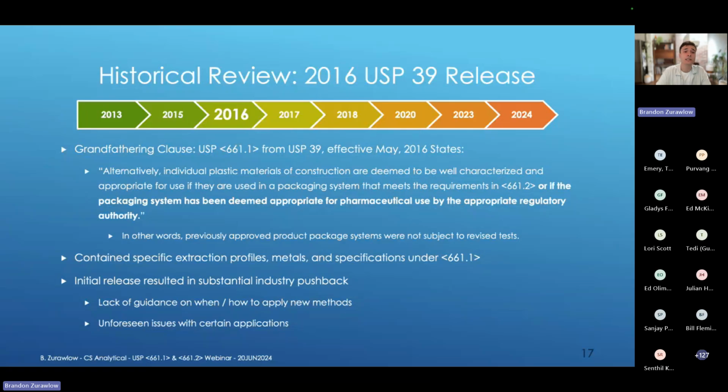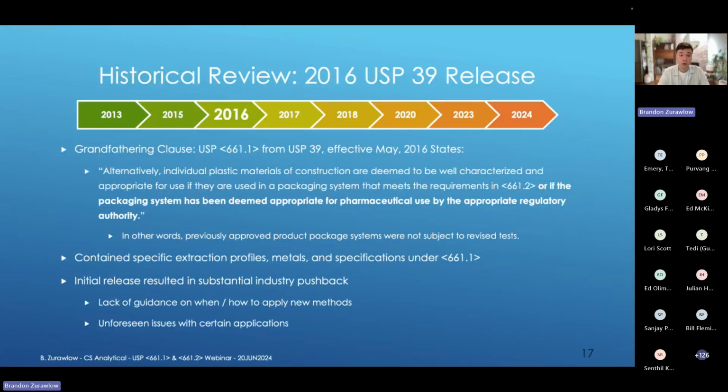And so there was a statement within the chapters that said, essentially, that the requirements of these new chapters are met if you test to the new chapter, or if the packaging system has been deemed appropriate for use by a regulatory authority. In other words, if you had already marketed the product and the FDA had approved it with the historical 661 data, there was not a need to go and revise or update these tests for currently marketed products.